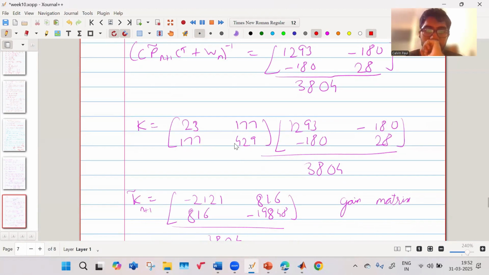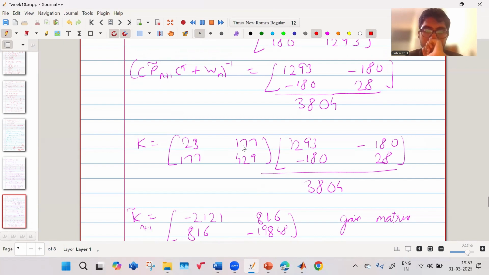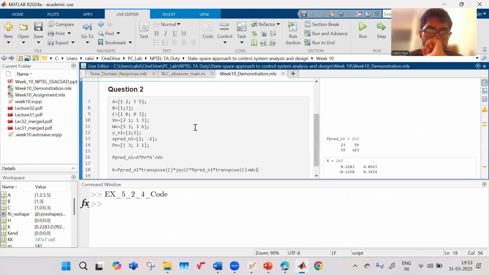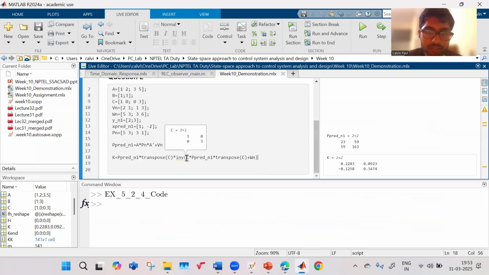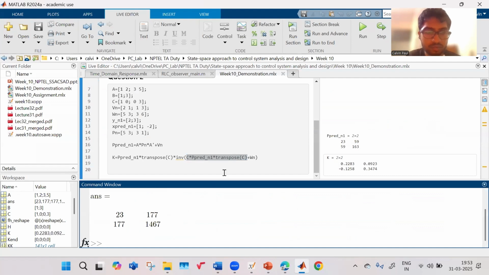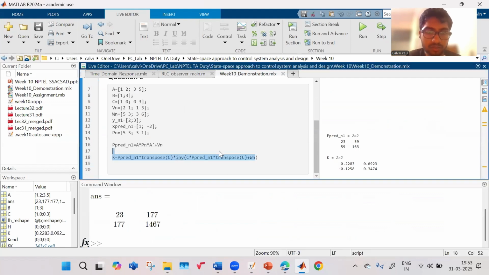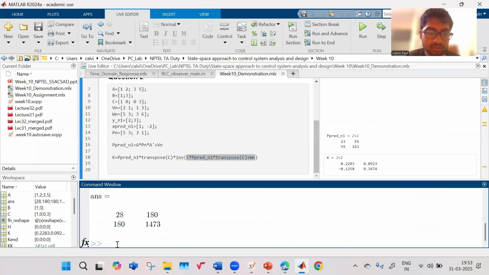Our K came out to be this. Just see this value is symmetric. This is also symmetric.